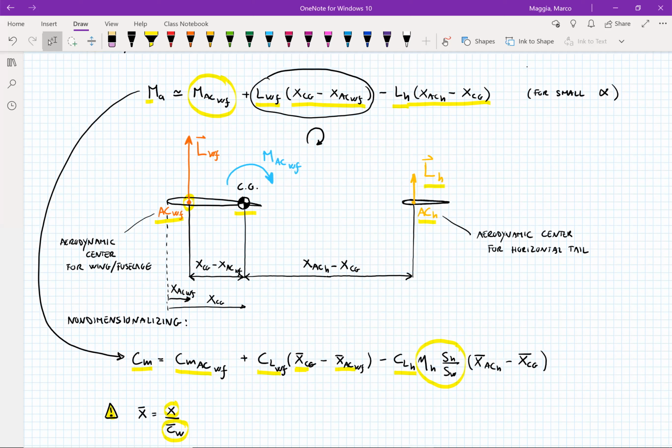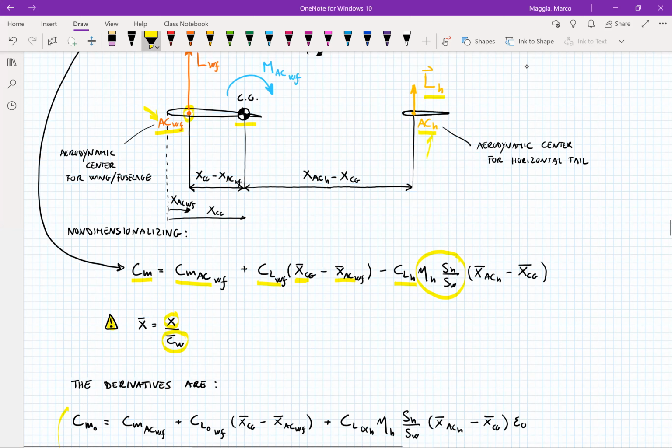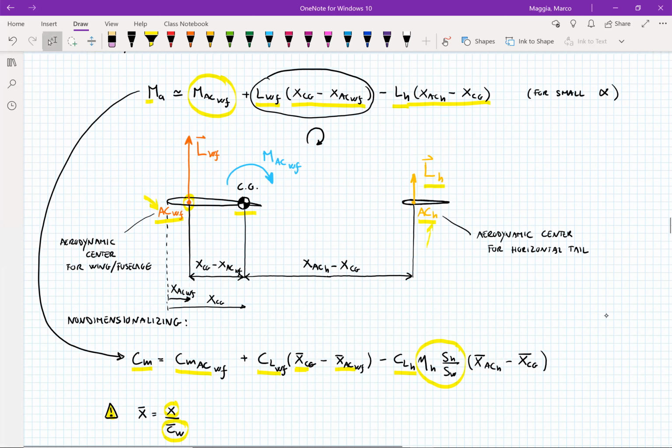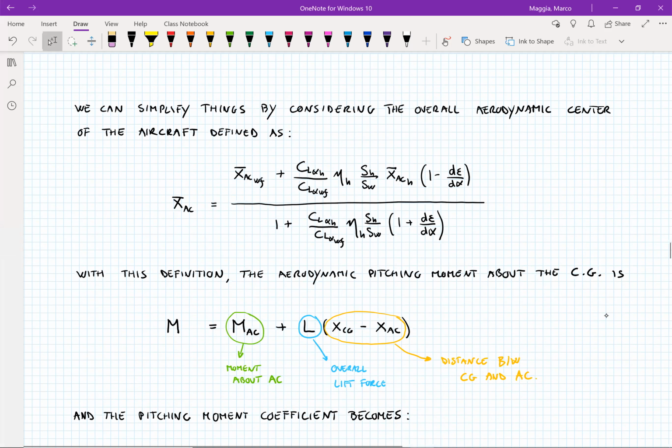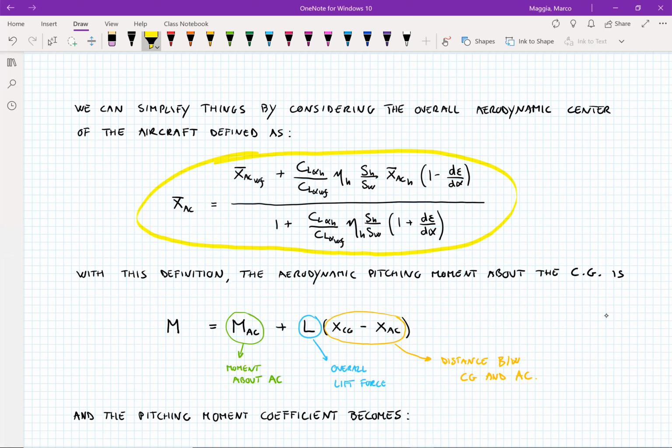So instead of dealing with two aerodynamic centers, the one for the wings and the fuselage and the one for the horizontal tail, we're going to define the overall aerodynamic center for the airplane. In order to do that, that is given by this wonderful formula over here. So that is what it is. We're not going to stay here and analyze it.